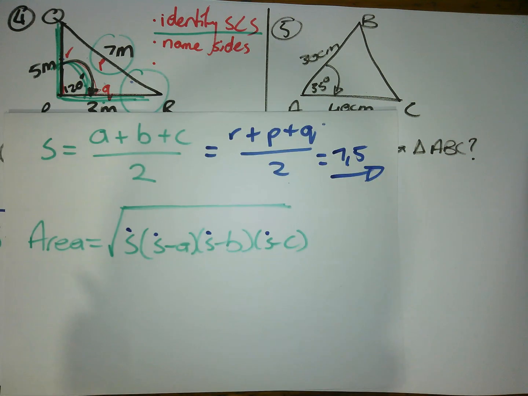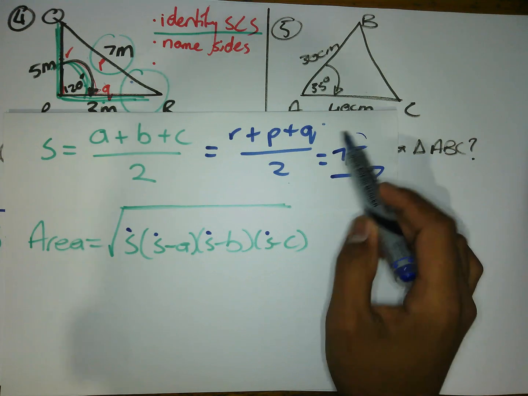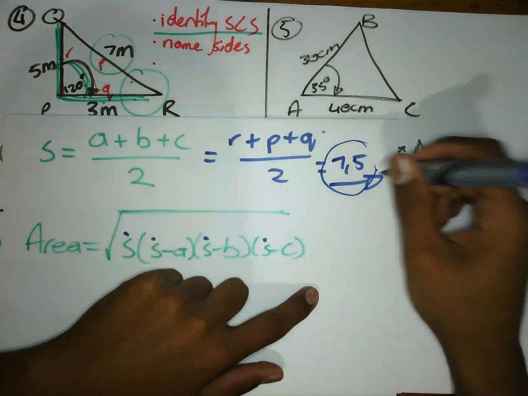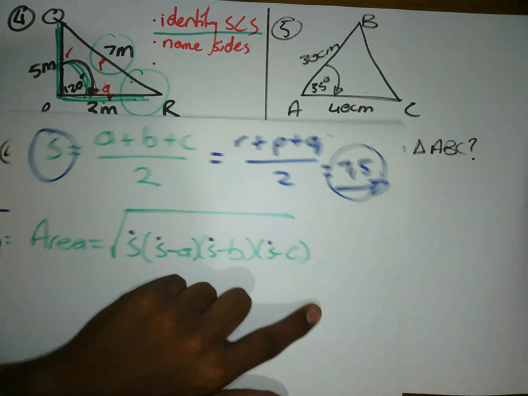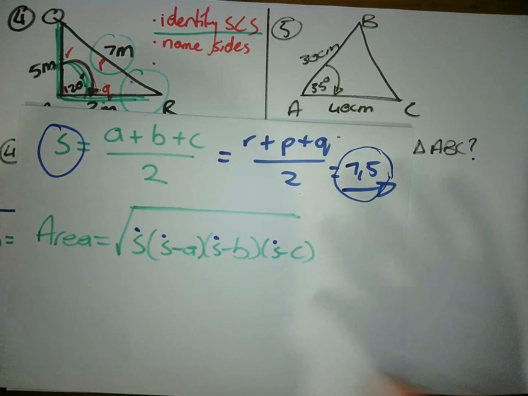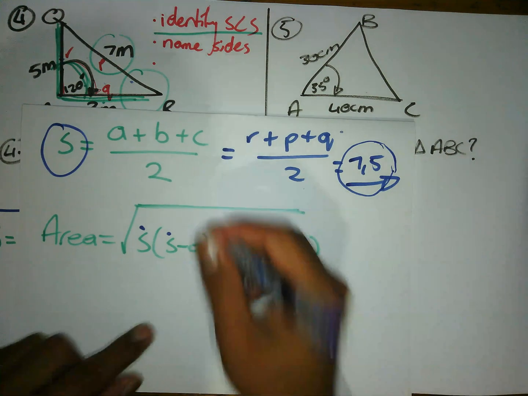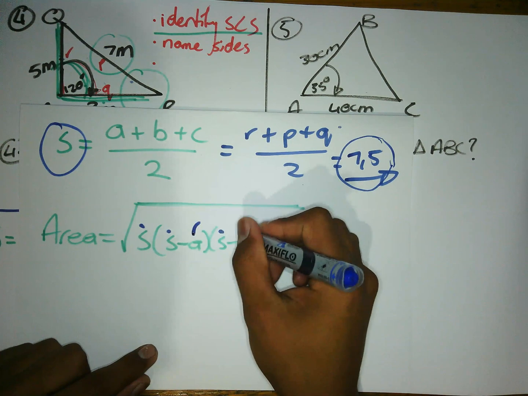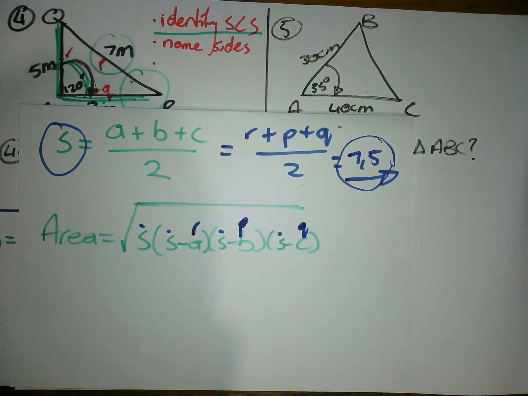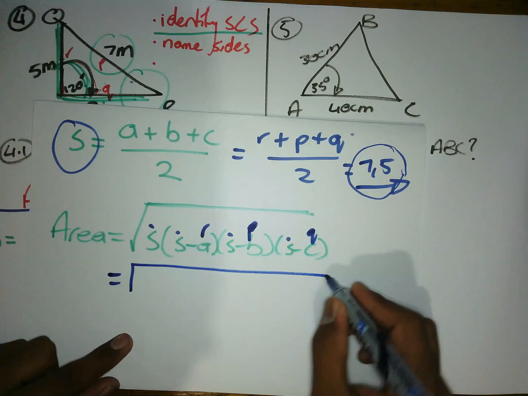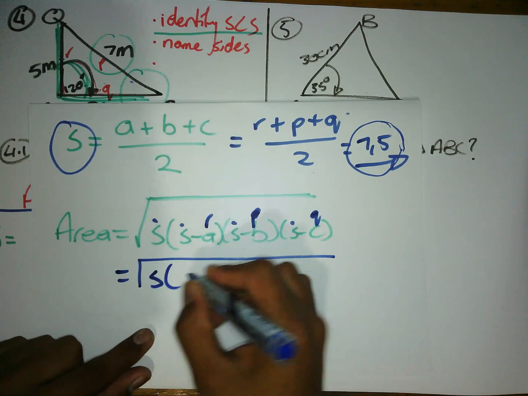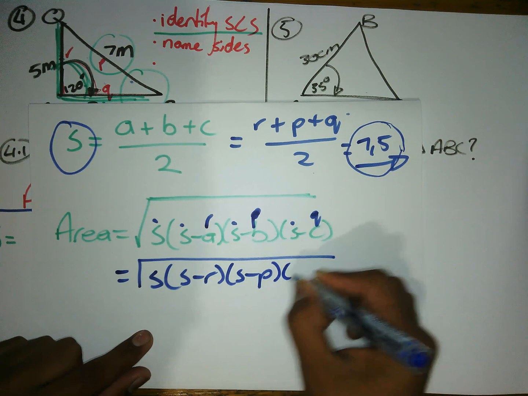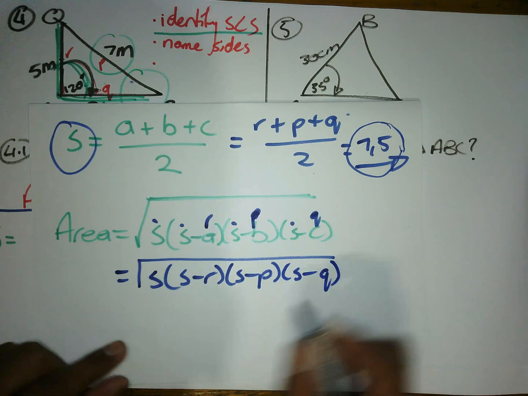Let's call this our calculated constant. This S value is our calculated constant. This remains my sides: this is my R, this is my P, this is my Q. So the formula is: area equals the square root of S times S minus R, S minus P, S minus Q. This is my formula for my triangle.